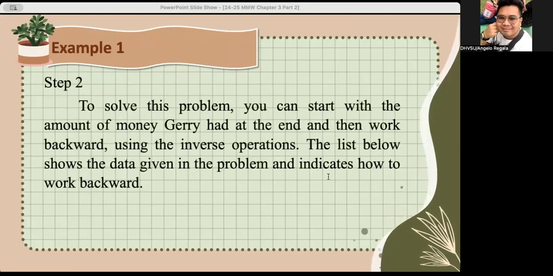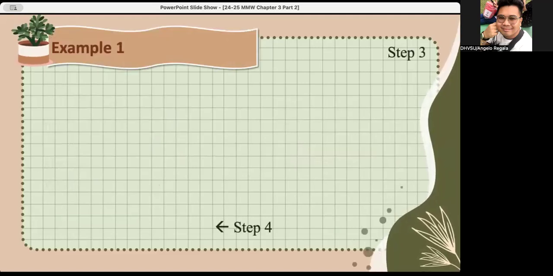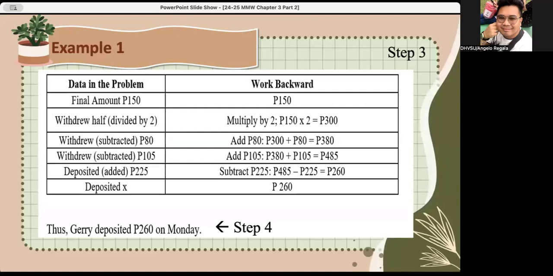Now, to solve this problem, we can start with the amount of money Jerry had at the end and then work backward using the inverse operation. So pwede nating isulat, no? So on Friday, the final amount of Jerry's money is 150 pesos, after niyang mag-withdraw ng kalahati.